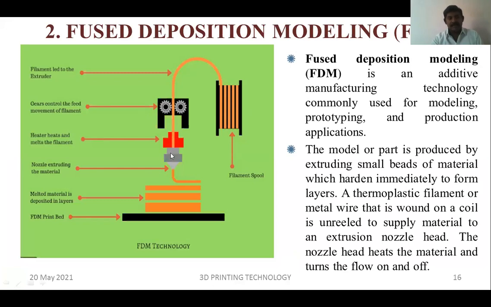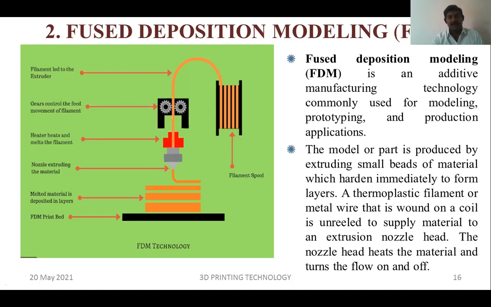The filament spool is connected to this gear controlled feeder. In this feeder, the up and down movement is controlled through this gear, and the filament is fed into the nozzle. And here, before the nozzle, a heater is available. The heater heats and melts the filament.